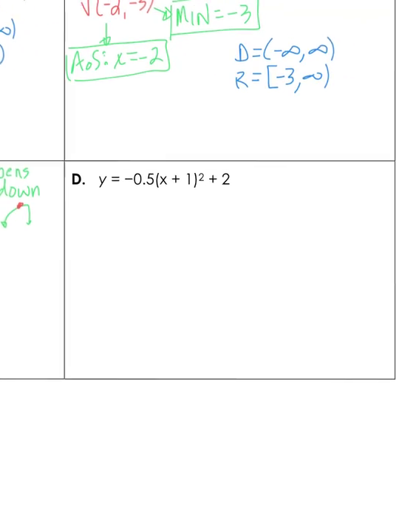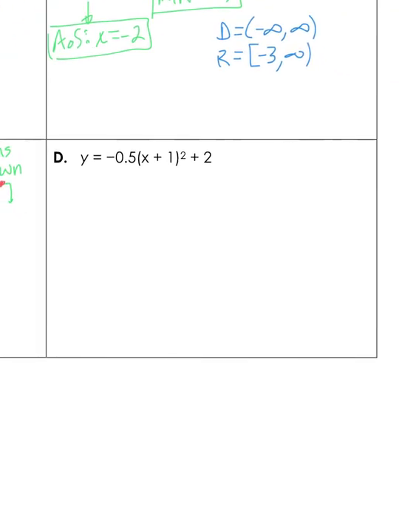And then D. So for D, I have a left 1, up 2. Then, because I have a negative, I know it opens down.